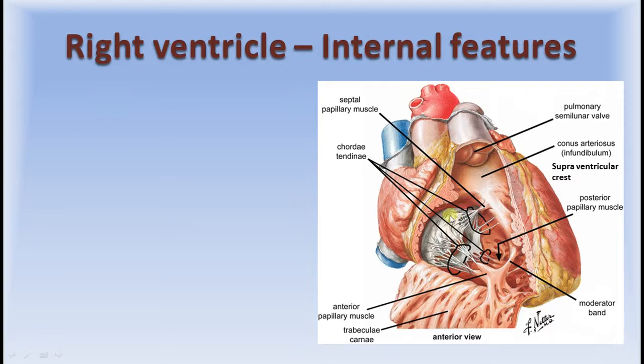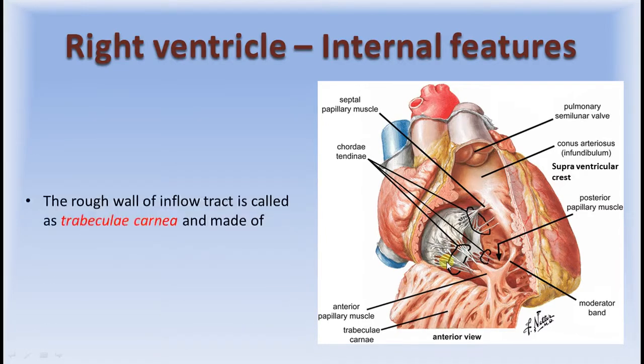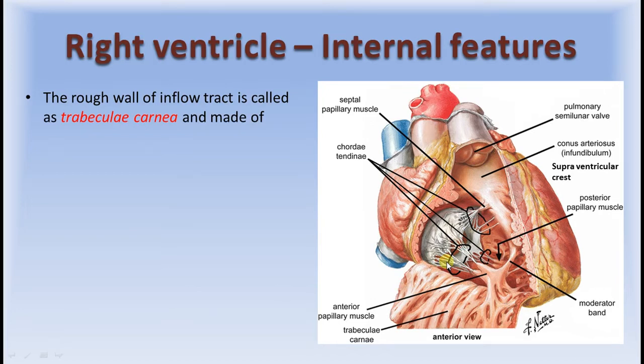That is why the interior of the right ventricle, the rough inflow tract, is also called trabeculae carneae. It is actually trabeculated, that means it is divided into numerous partitions, made up of ridges, bridges, and papillary muscles.